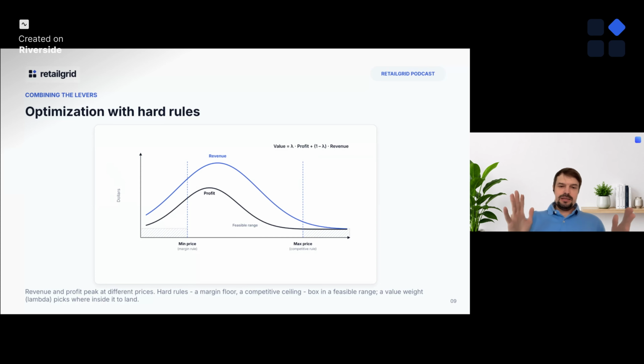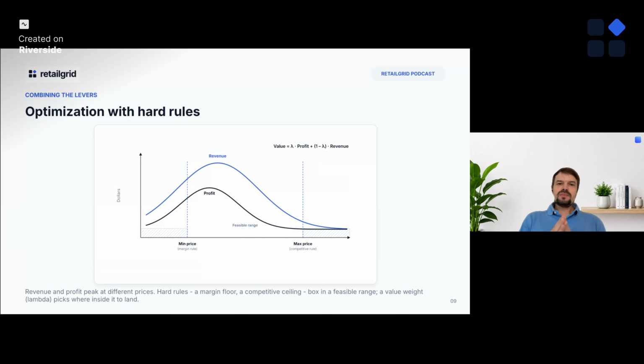And what is demand? Demand is usually an elasticity curve, the correlation between how much people buy and what our price is. Based on this price elasticity curve, we can assume the revenue curve and profit curve, and we can try to find our optimal prices to meet the maximum revenue and maximum profit.